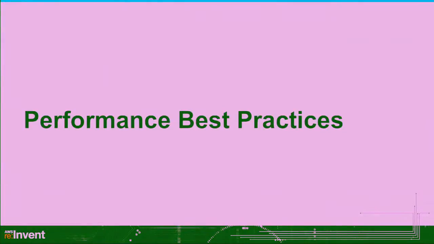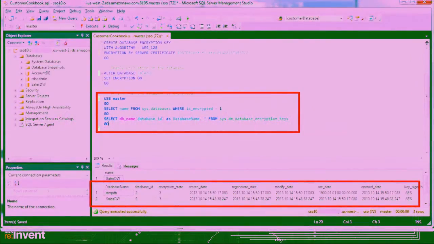The last couple of statements really just check that encryption has taken hold and my databases are encrypted. The first select searches for databases where the is encrypted flag is set to 1. And as you see at the bottom, the database that I wanted to encrypt is indeed one of such databases.